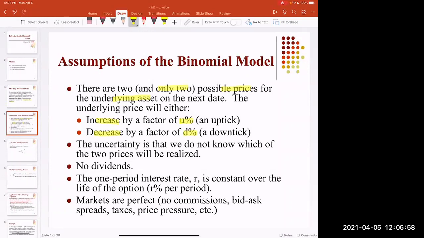Assumption two: the uncertainty is that we do not know which of the two prices will be realized, but we know it is either up or down. And no dividends. The one period interest rate R is constant over the life of the option. Markets are perfect: no commission fee, no bid-ask spread, no tax, no price pressure. That's against reality, but because we talk about theory and models, we assume it.